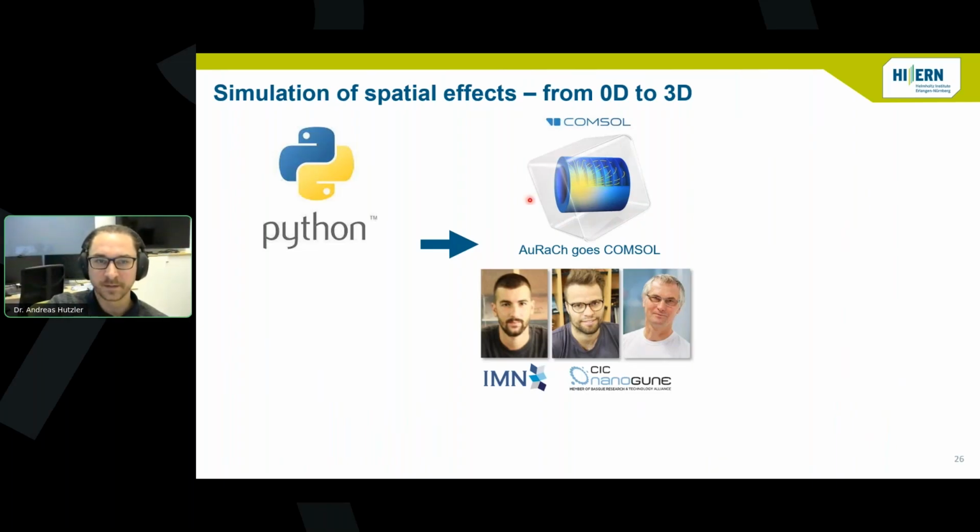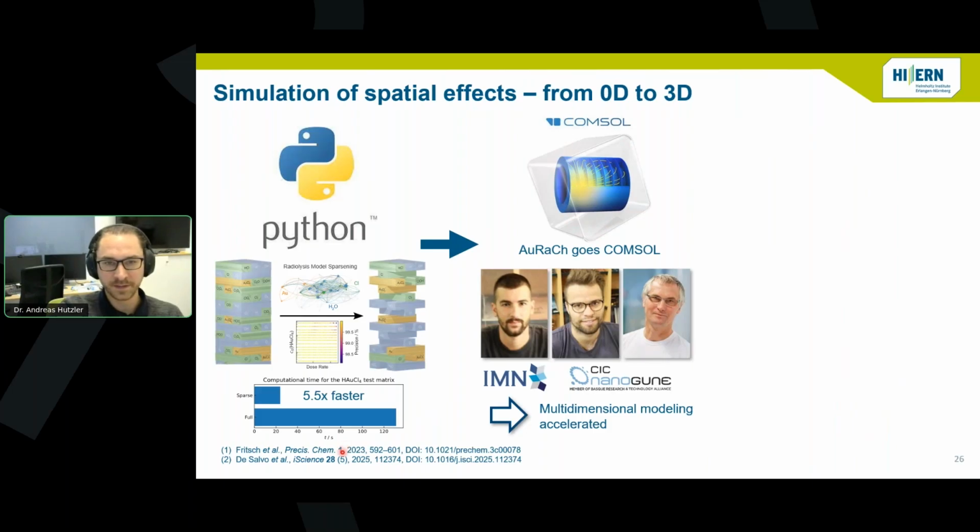And here we had the idea, okay, let's plug our Python code for radiolysis simulation in their spatially dependent finite element simulation in COMSOL. What we had to do here is strongly reduce the amount of chemical equations that are involved, because otherwise the simulation of a single pixel and then also the whole volume would take ages.